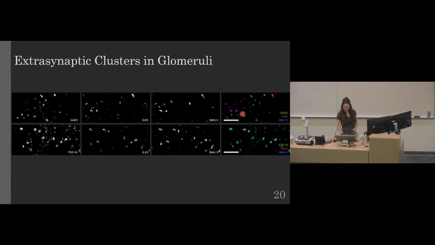We can see some synapses over here, and these GluN1 positive clusters don't contain ELKS or RIM, indicating that they may be extrasynaptic. In the bottom panel, I have PSD95 stained with ELKS and RIM. PSD95 is located with ELKS and RIM, but it's also located at other sites away from ELKS and RIM.